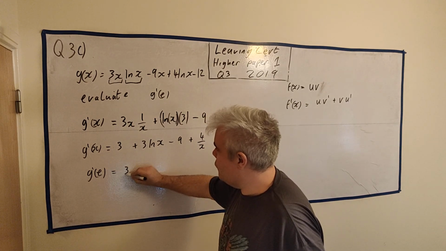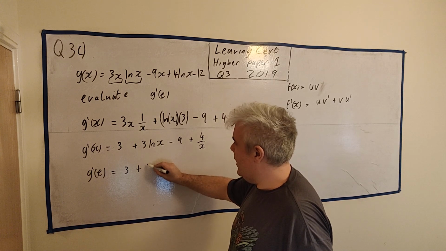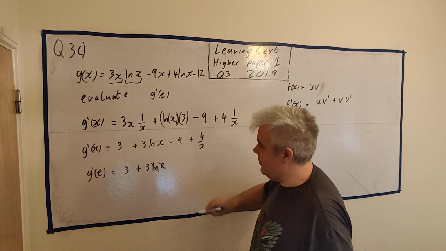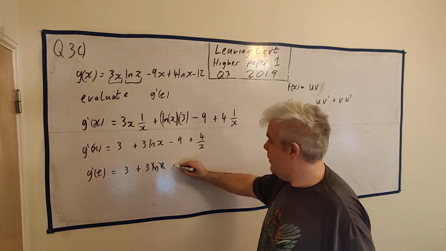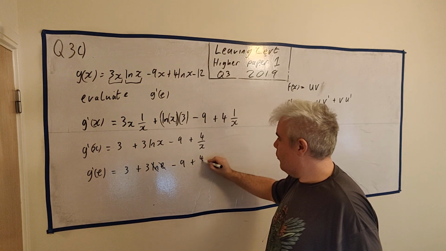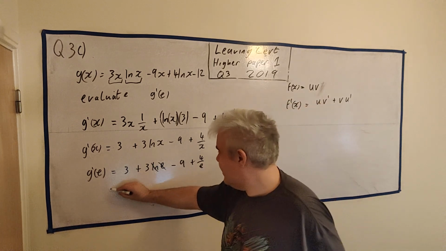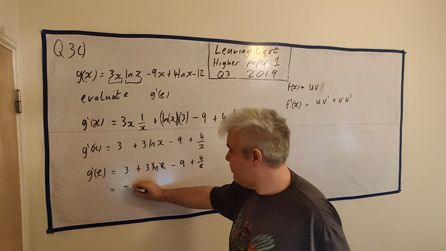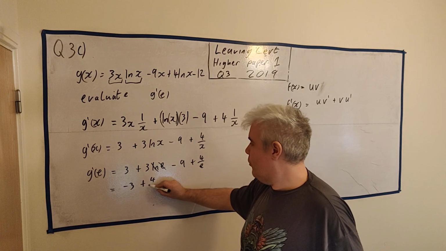Well, this just becomes 3 plus 3 natural log of e. That destroys itself, and we're just left with 3 minus 9 plus 4 over e. Let's clean this up. We get 3 plus 3 minus 9 is 6 minus 9. It's minus 3 plus 4 over e.